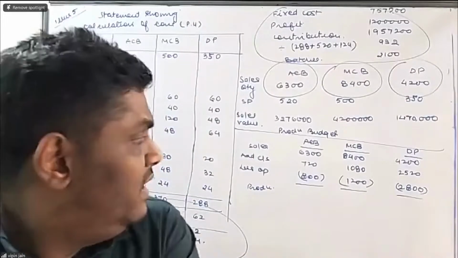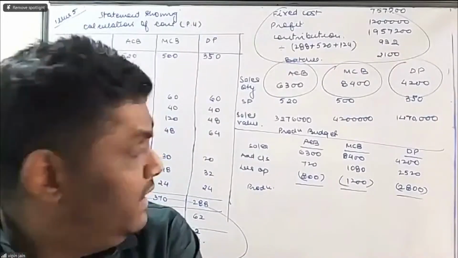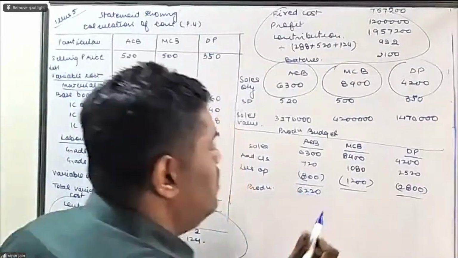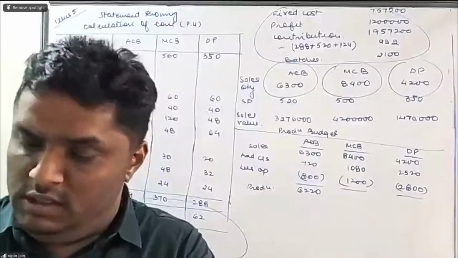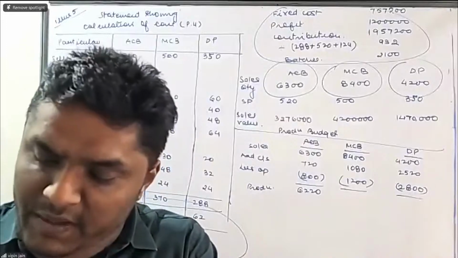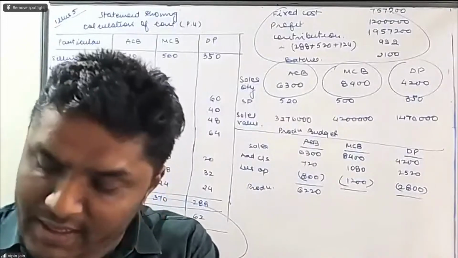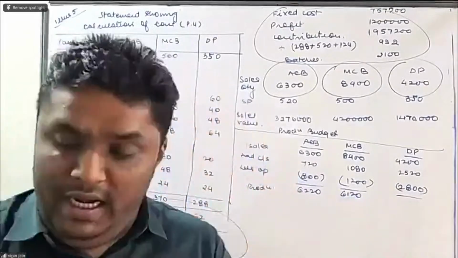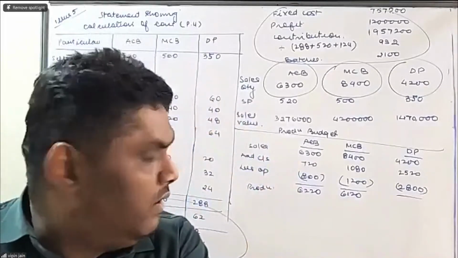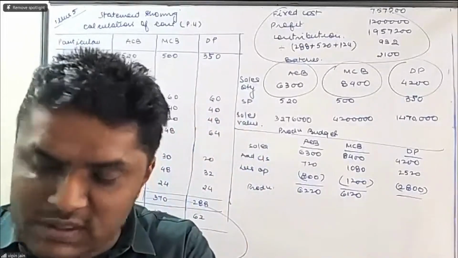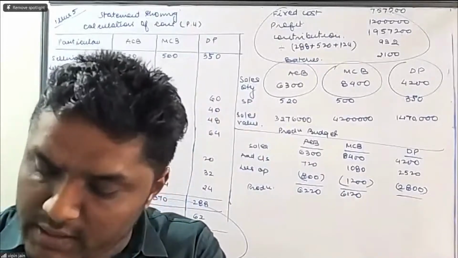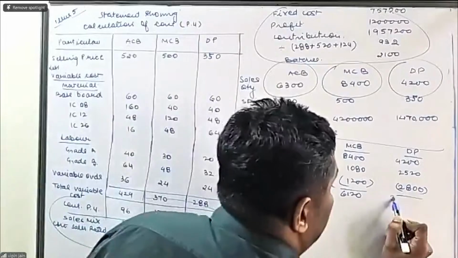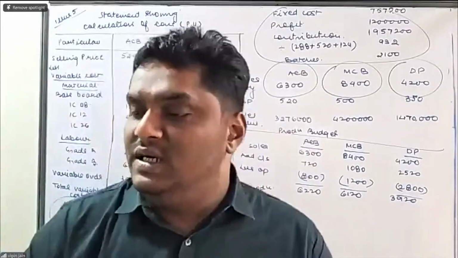That is 6,300 plus 720 minus 800, so this will be 6,220. Similarly, 8,400 plus 1,080 minus 1,200, so this will be 6,120. And the third one will be 4,200 plus 2,520 minus 2,800. That is 3,920. So the production budget is also done.